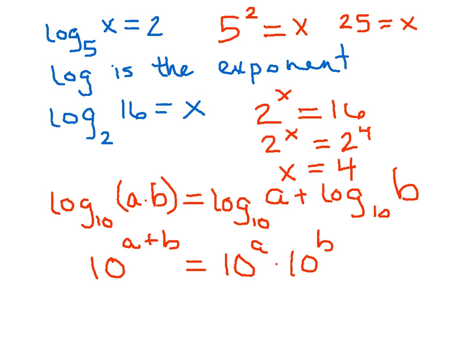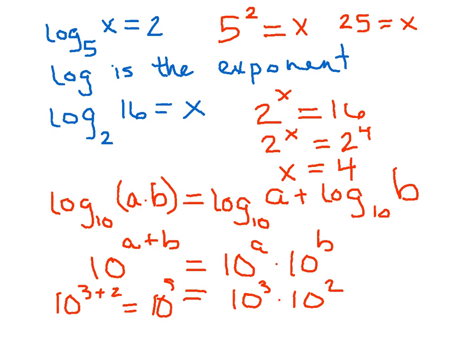Just giving a and b numbers, if I had 10 to the third times 10 to the second, that's equal to 10 to the 3 plus 2, or 10 to the 5th. That is 10, 10, 10, and 10, 10, and I end up with 10 to the 5th.